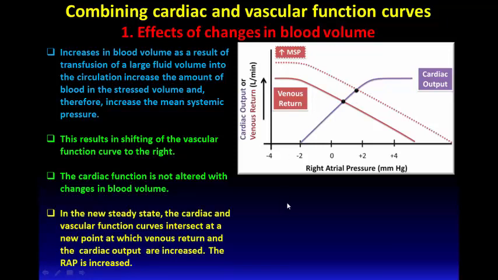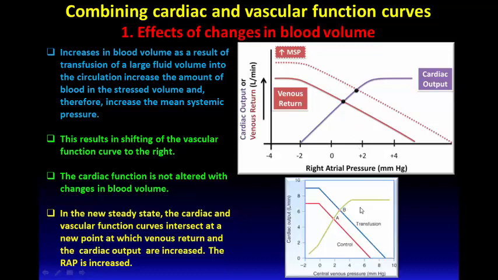Thus, with increases in blood volume in the new steady state, the cardiac and the vascular function curves intersect at a new point, and at this new equilibrium point, the cardiac output and the venous return are both increased, and the right atrial pressure is also increased.